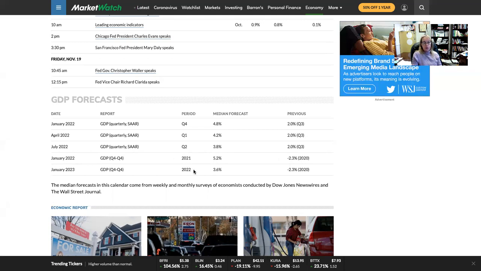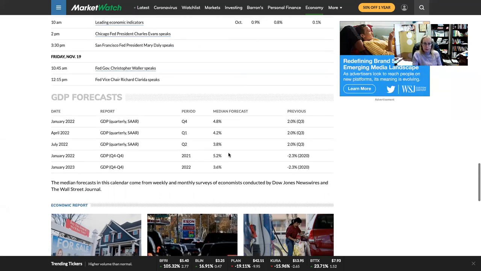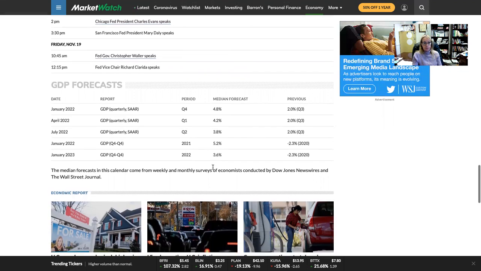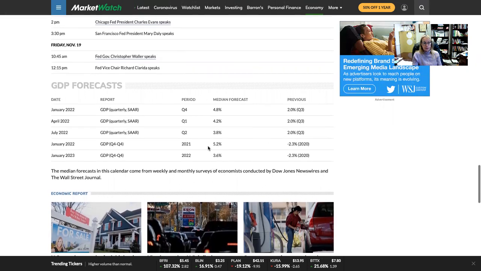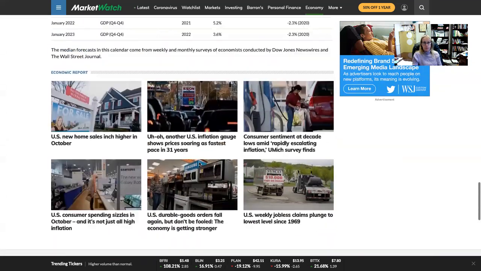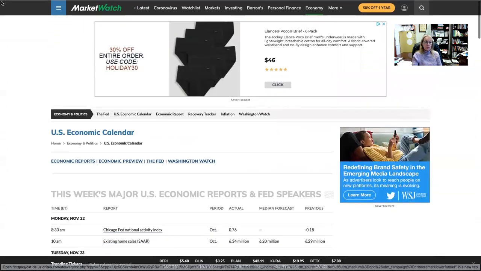And then for next year, they're forecasting 3.6% GDP growth, which is pretty good because our average is usually around 3. So that's still higher than the average. So definitely incorporate these numbers in your discussion: last year, this year, and next year. Okay, anyway, those are the annual forecasts for GDP.